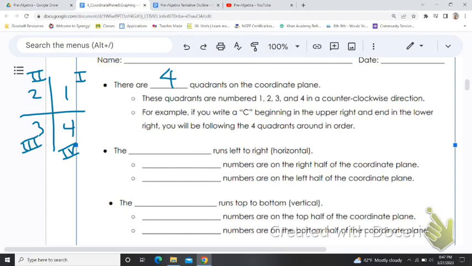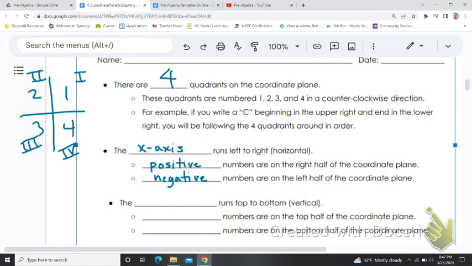And so our horizontal axis is our x-axis, and it runs from left to right. And on the right half, this is like our traditional number line. Positive numbers are on the right half, and the negative numbers are on the left.